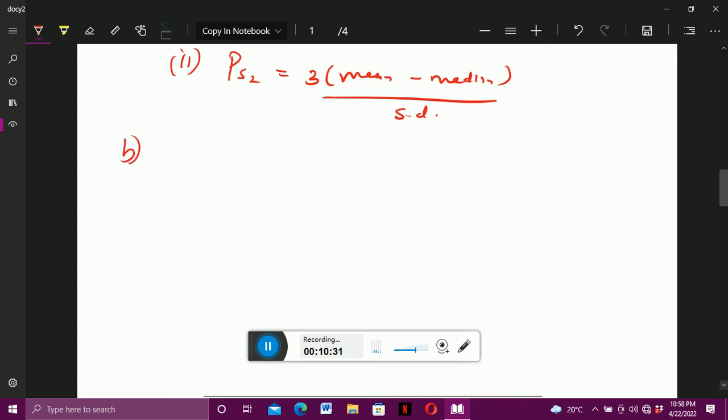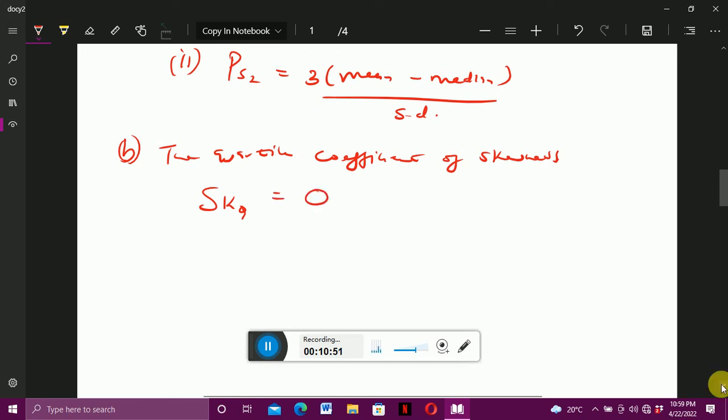Now we have another measure called the quartile coefficient of skewness. We denote it as KQ, and it's given by Q3 plus Q1 minus 2Q2, all divided by Q3 minus Q1.